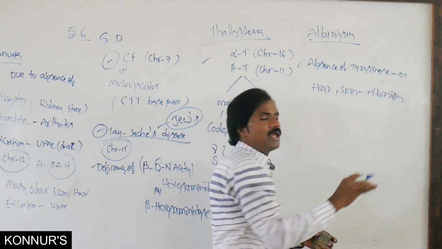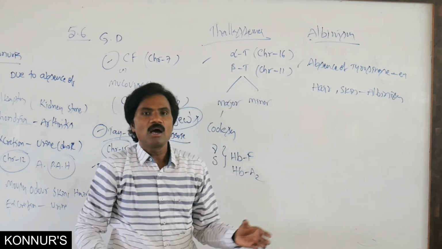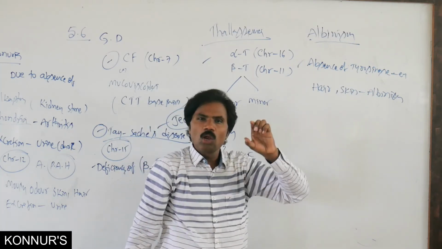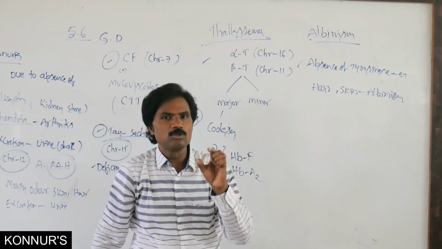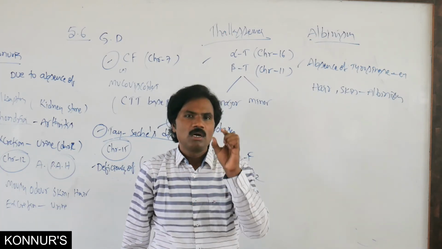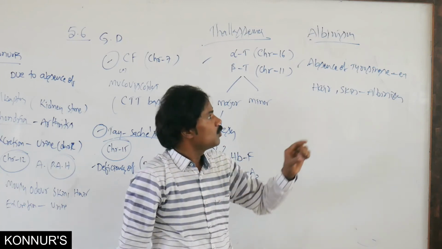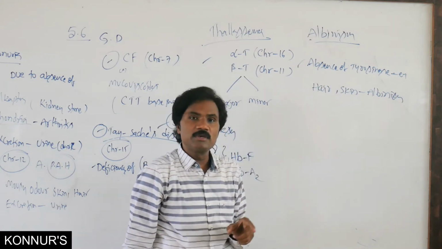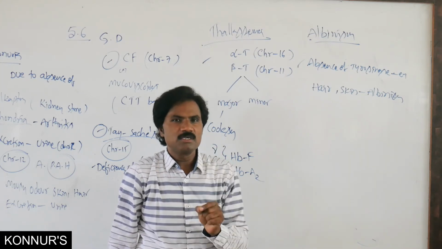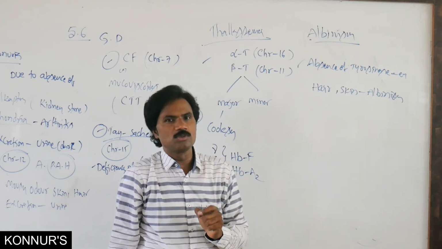That means the production of that pigment is not possible. Why? Because defective genes are present on the long arm of the 11th chromosome, and the P gene is present on the 15th chromosome.